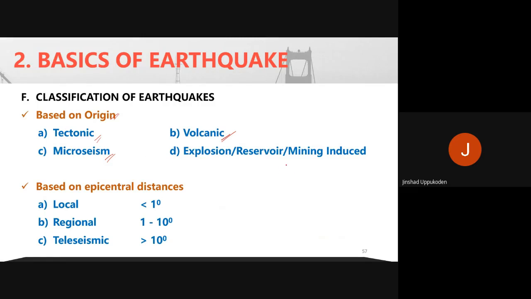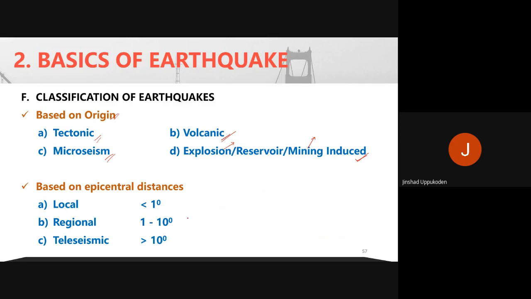And then explosion, construction, reservoir, mining, etc., will also result in earthquakes. Mining areas are dangerous. Usually in mining, we use explosives, so in that case also, small earthquakes, not very large, can be developed.